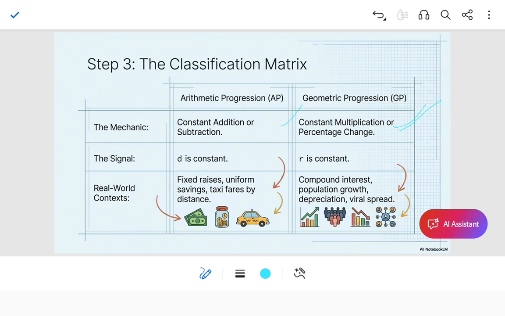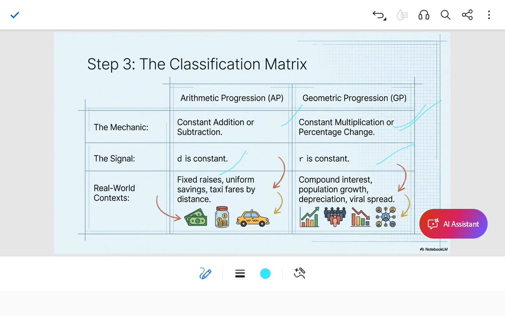Percentages are fractions. The signal is common difference for AP. For GP, we have common ratio. So in real life situations, fixed raises, like the teacher's salary, uniform saving, taxi fare by distance.